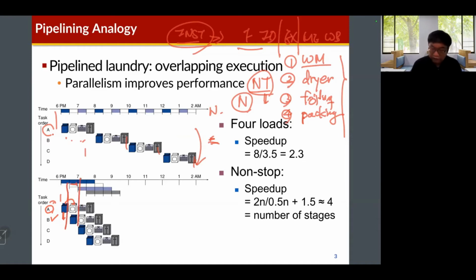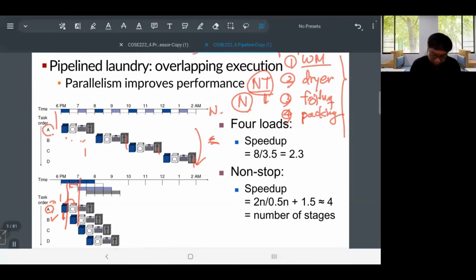During this 30-minute time period, when this task moves to the folding step, we can use other resources for other tasks. For example, we can use the washing machine for task C, and we can use the dryer for task B, which is the next step of the laundry process. With this pipelining manner, we can complete these 4 tasks, the 4 clothes, in 3 hours and 30 minutes.